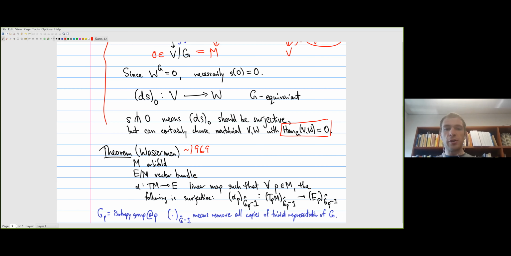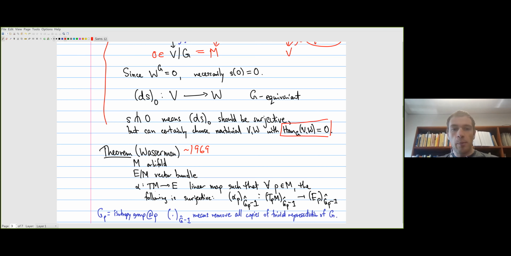Okay, so I can do this to a vector bundle where the group G is the isotropy group. If I have a vector bundle, the fiber over a given point P is a representation of GP, and I remove all the copies of the trivial representation from that. So the result is no longer a vector bundle. It's a vector space for every point, which is a subspace of my vector bundle.